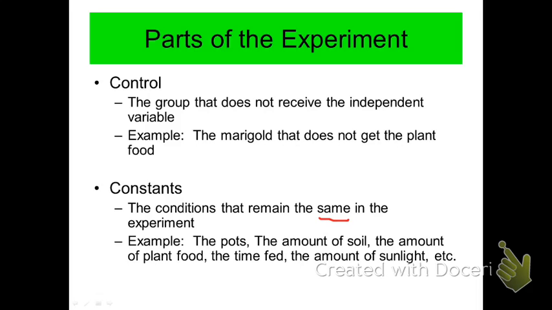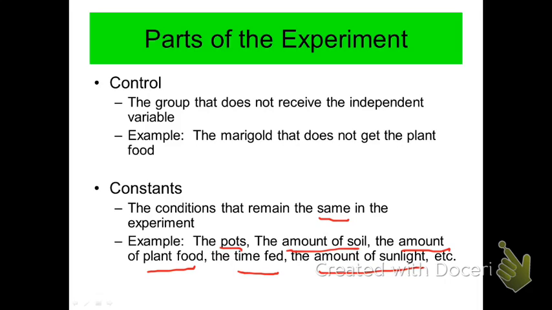So in our example of the marigold, you might keep all of the marigolds in the same pots. We want to keep the amount of the soil the same. We want to make sure the amount of plant food we're giving is the same. We should probably feed it at the same time. We want to make sure that it's sitting in the same spot.